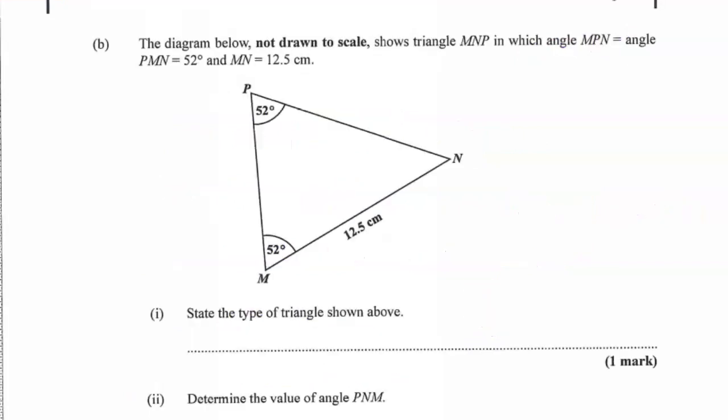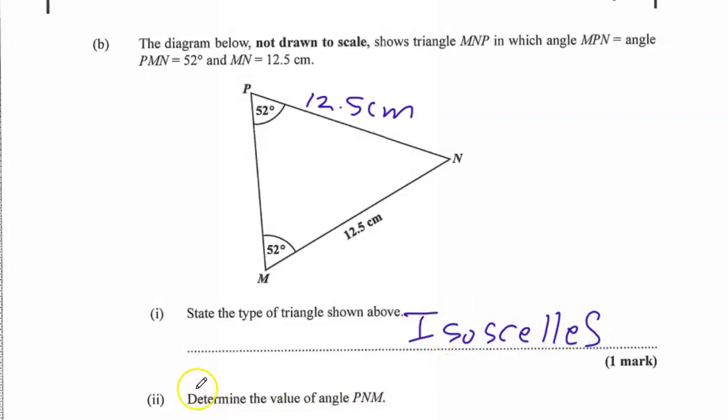In part B here we have a triangle. Notice the opposite angles are 52 degrees, and its opposite sides will also be equal. So what type of triangle? This is what we call an isosceles triangle. So for angle P and M, remember the sum of all angles in a triangle adds to 180 degrees.